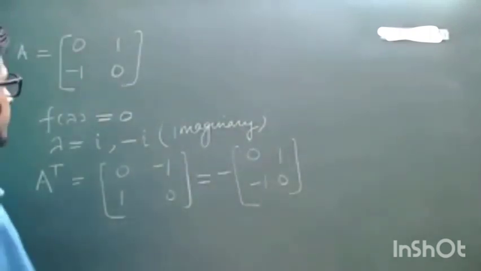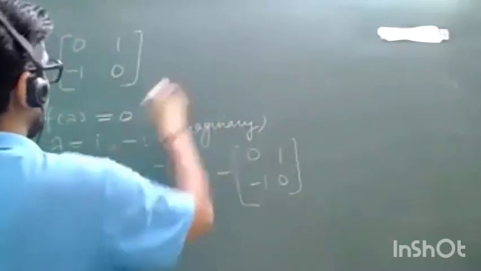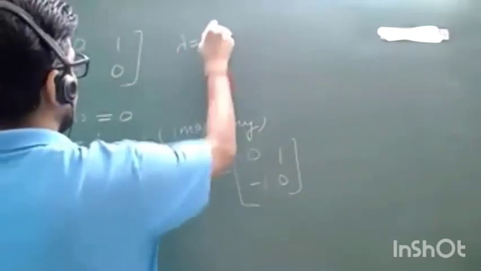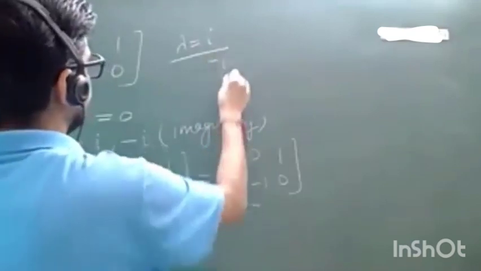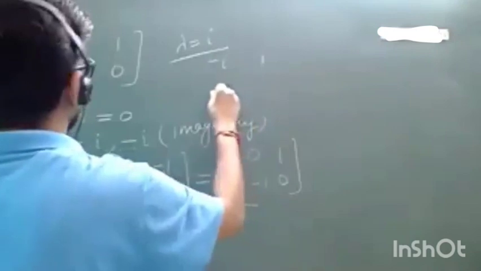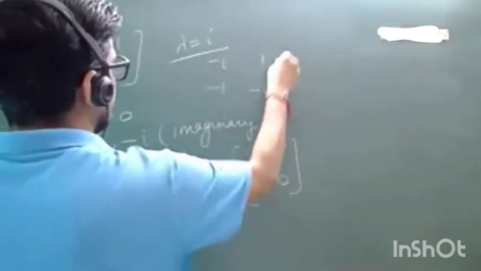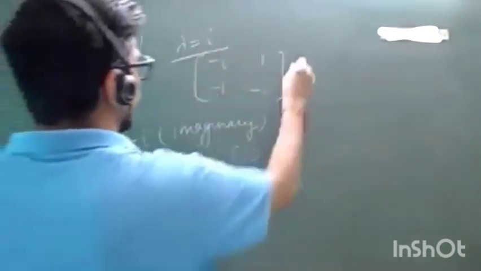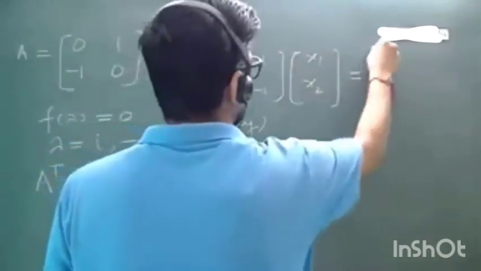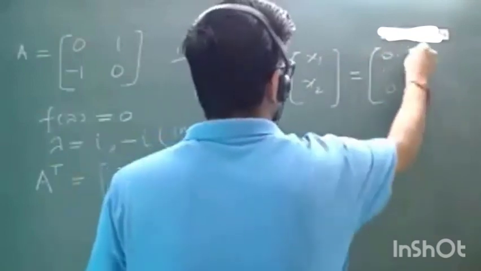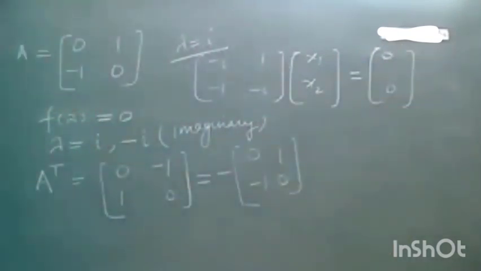Now we will calculate the eigenvectors corresponding to them. The first eigenvector I will calculate corresponding to lambda equal to iota. So it will become minus iota, 1, minus 1, minus iota, into x1, x2 is equal to 0, 0.